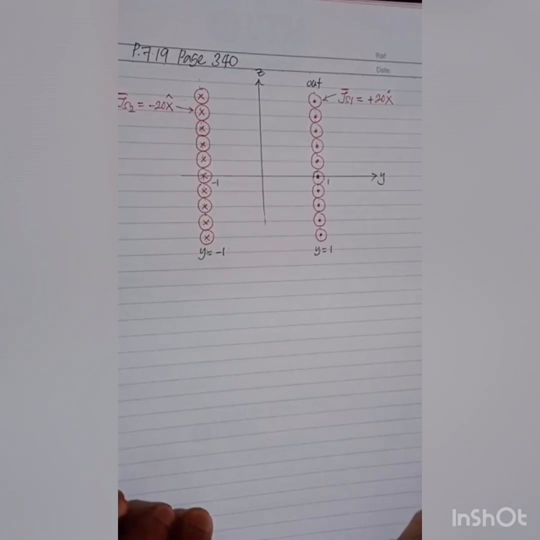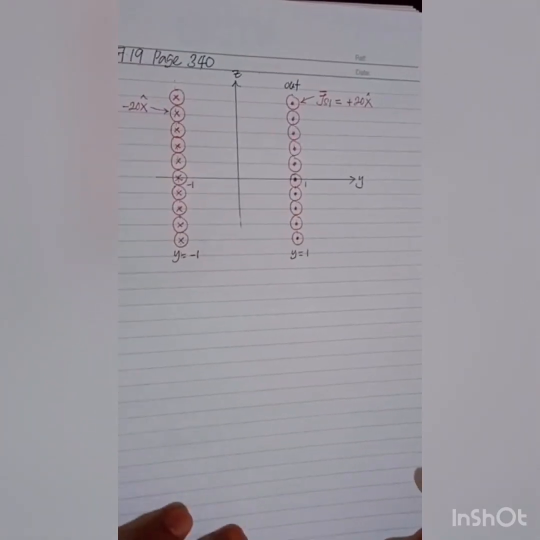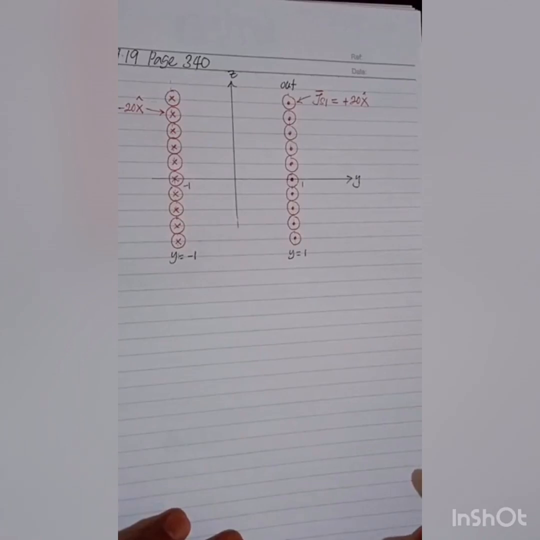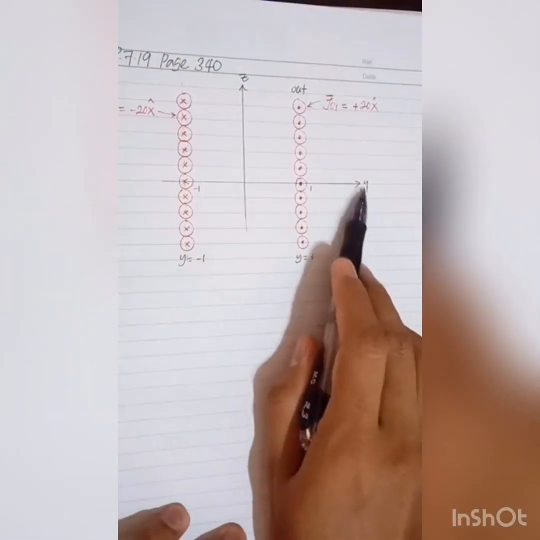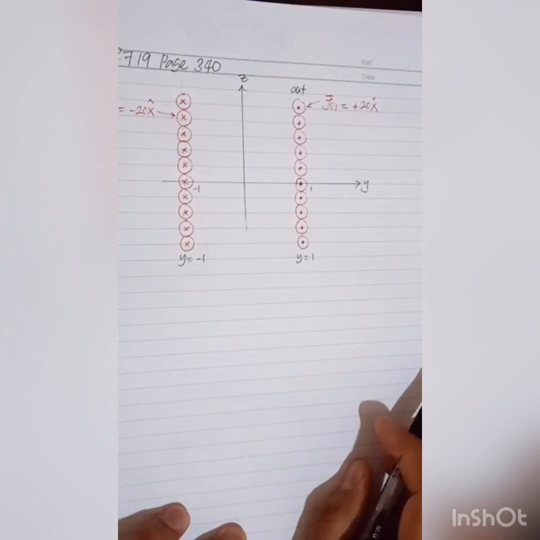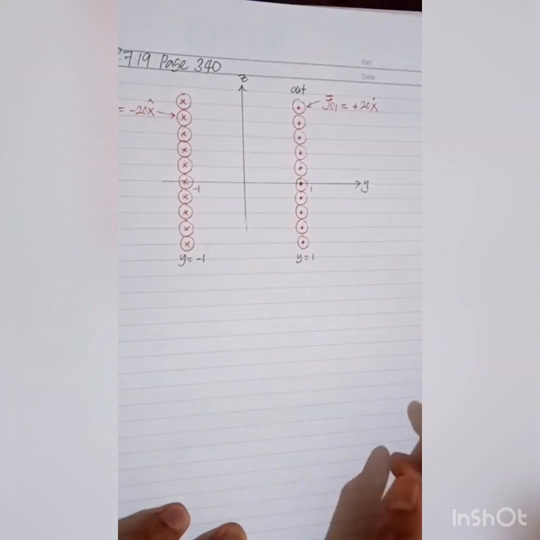As I told you last time, the best plane for drawing our diagram depends on the current directions. Since the current is flowing in positive and negative x, the best plane to use is the YZ plane, as shown here, so that we can see the directions of the current clearly.